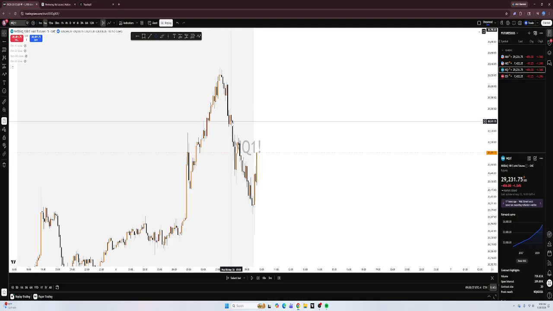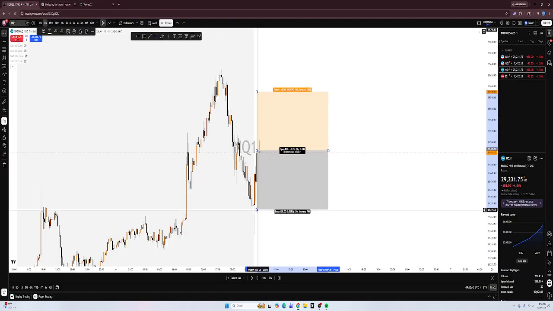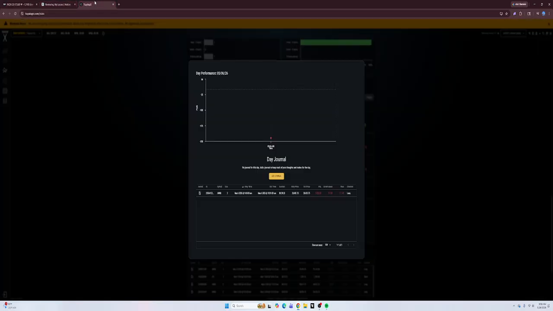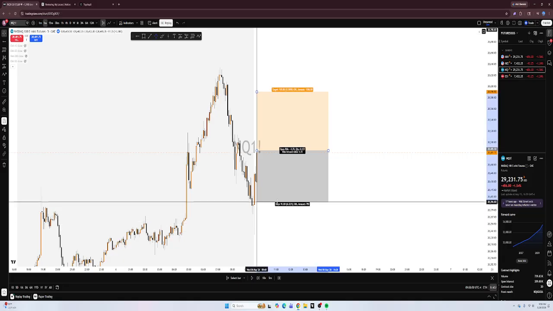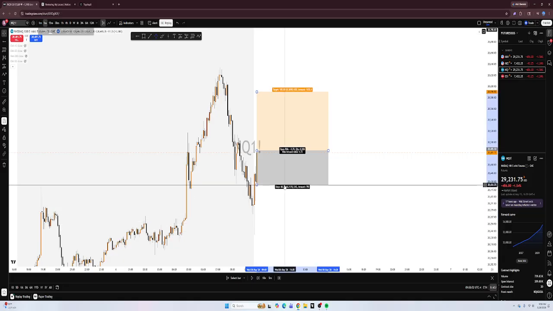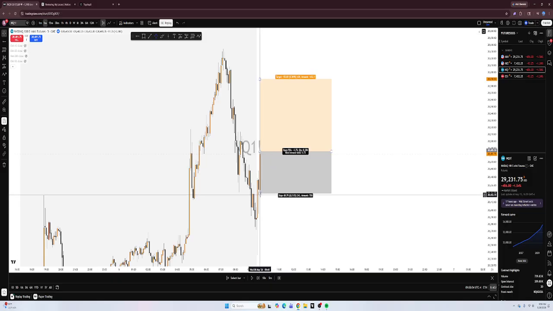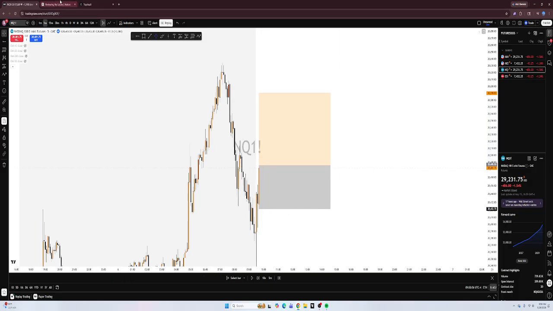Yep. Got filled right around here. I'm assuming I placed my stop right there. 425. Oh no, we placed a pretty small stop loss actually.